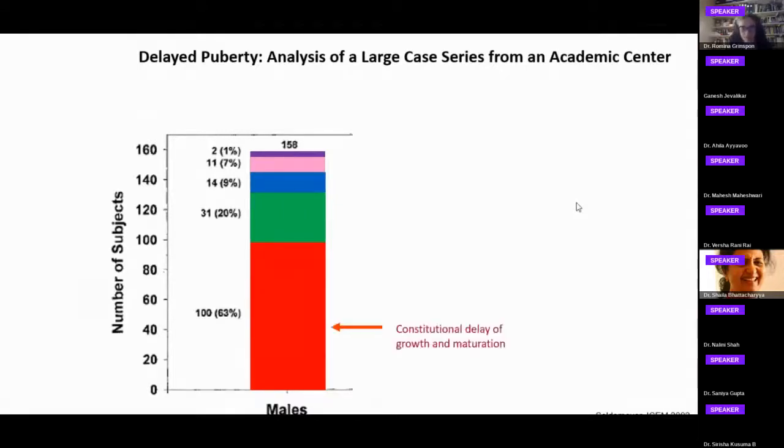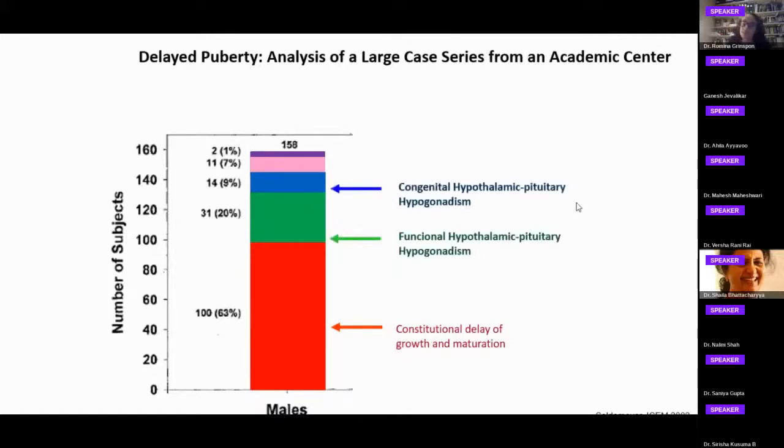We can see that more than half of the patients, 63%, had constitutional delay of growth and maturation. 20% have functional hypothalamic pituitary hypogonadism, 9% congenital hypothalamic pituitary hypogonadism, 7% testicular hypogonadism, and obviously, in some patients, you cannot make the diagnosis.